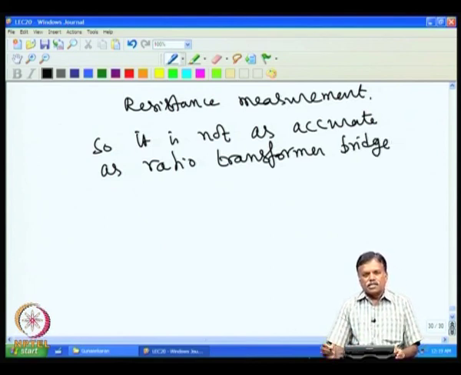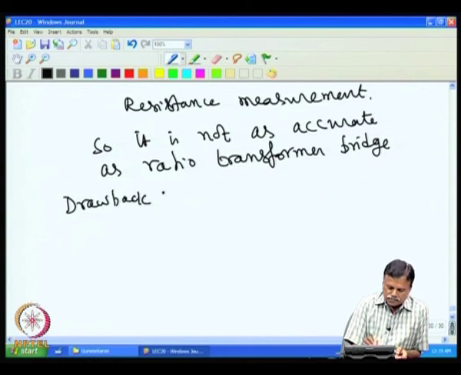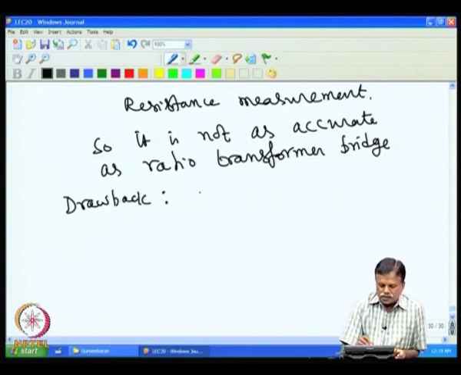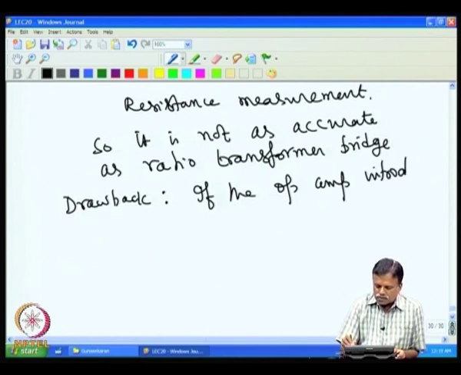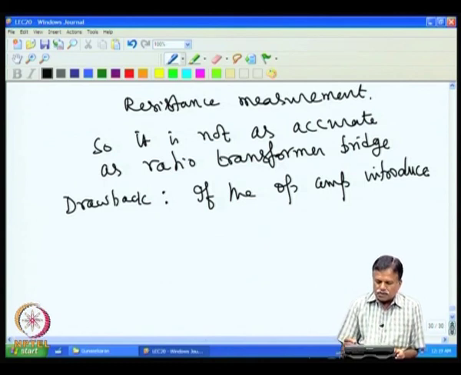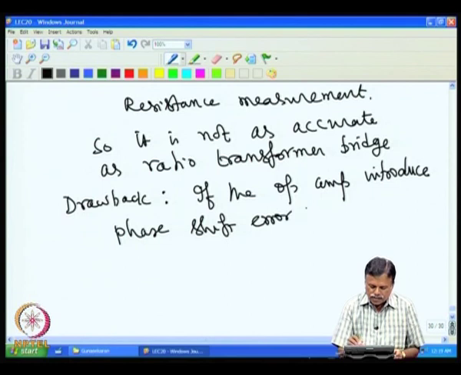In addition to this, it has another drawback, that is the main drawback. If the op amps introduce phase shift error, then the measurement will not be accurate.